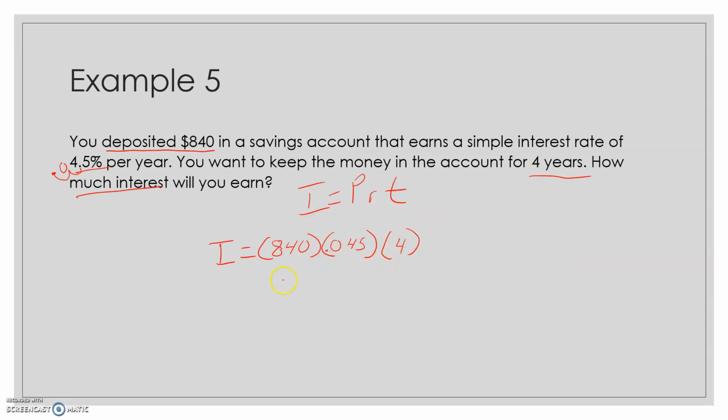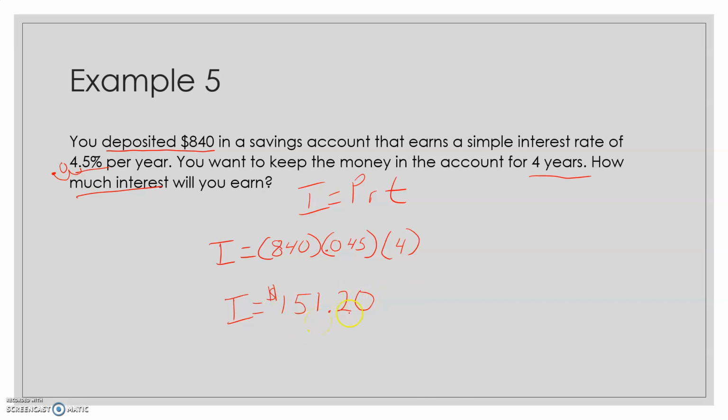And then for all of this, we're solving for the variable. In this case, the variable is already by itself, so we just need to simplify this side over here. And when we simplify, we get that I, our interest, is 151.2. And since we're talking about money, you need to write it in terms that make sense. So let's go ahead and add that 0 on the end. So $151.20 is our interest, our extra amount that we're going to receive.